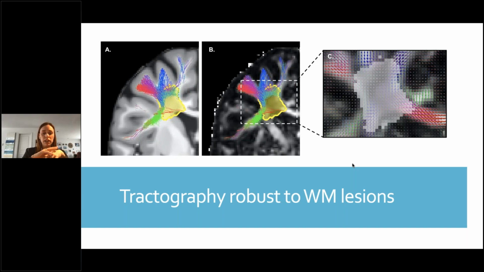The probabilistic tractography based on fODF peaks, as you can see in C, was executed, and tracking was allowed through the lesions, as you can see on the FA map shown in B. Without this correction, no track would have been generated inside the yellow mask. And as you can see, we can have bigger lesions or multiple lesions, and that would have been a major problem in MS patients if we didn't track inside the lesions.